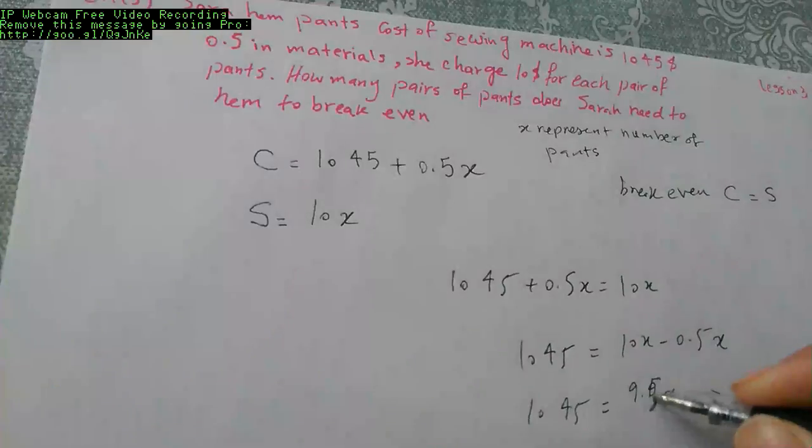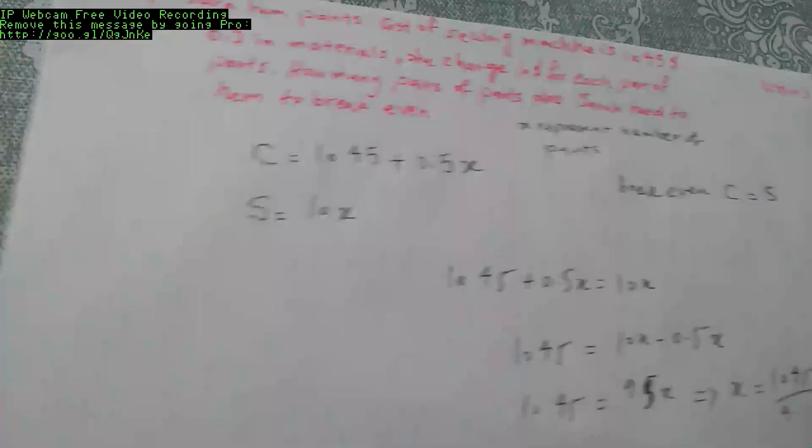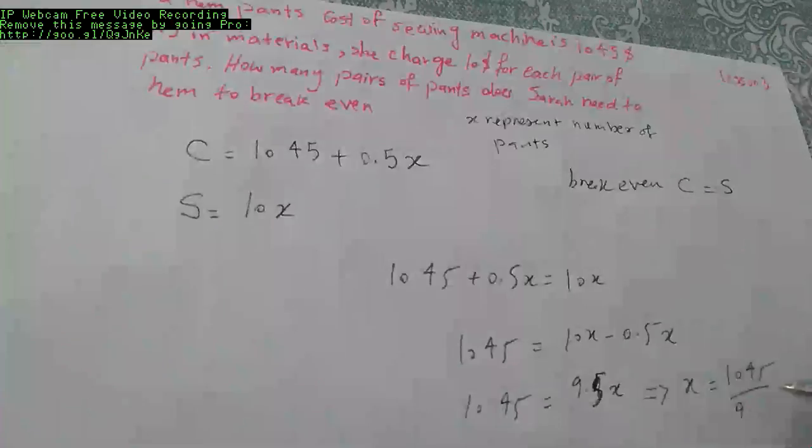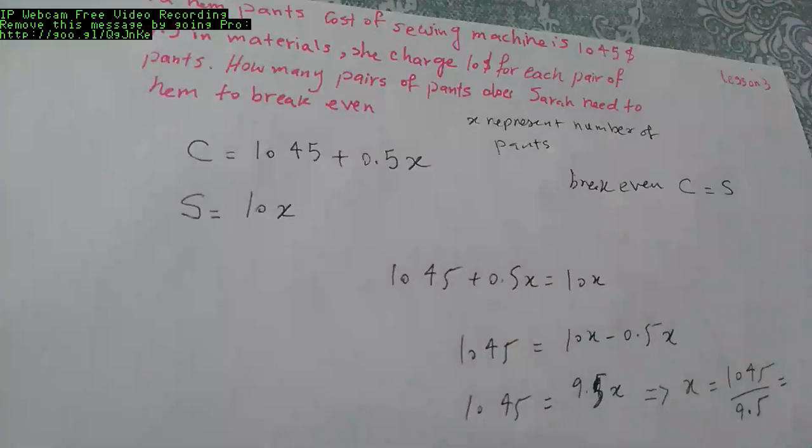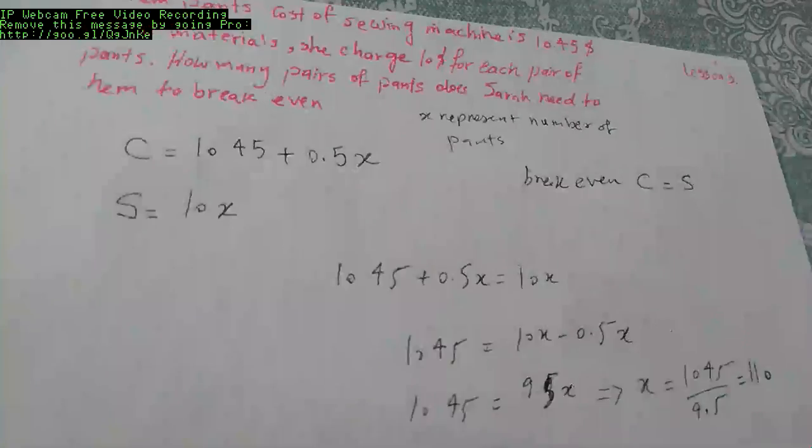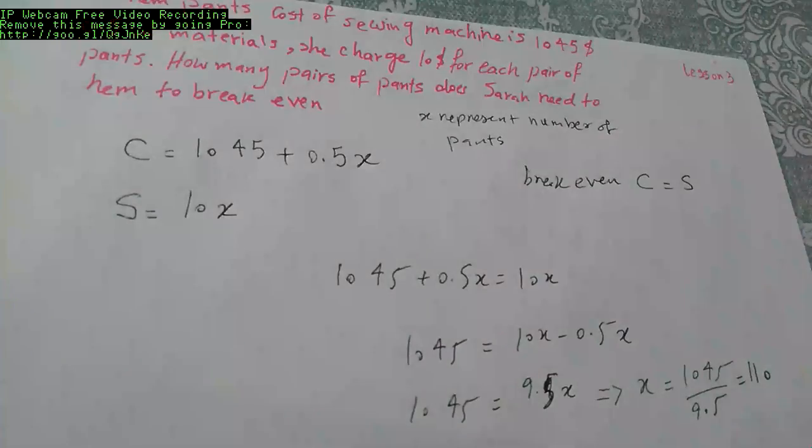Sorry, 10 minus 0.5 is 9.5. Divided by 9.5, I'm going to look at the result. It's going to be 110. So he has to sew or make 110 pants in order to just cover the material.